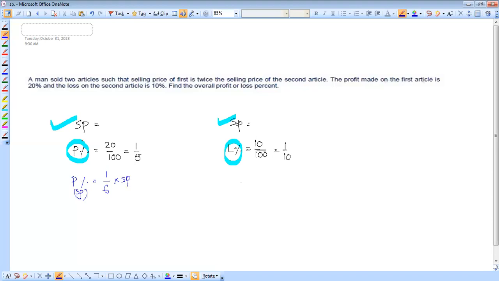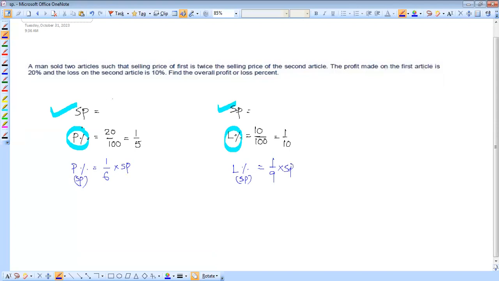Here also, the loss percentage on the selling price is equal to 1 rupee loss out of 10 rupees. So 1 by 9 of the selling price. So now I can understand that whatever selling price you take for the sake of calculation, this should be divided by 9 and this should be divided by 6. So why don't you take a good value which is divisible by both 6 and 9?